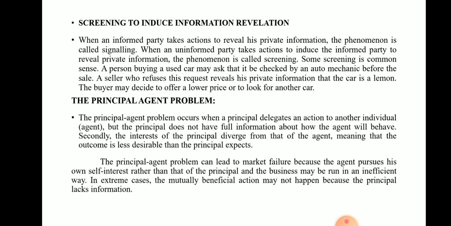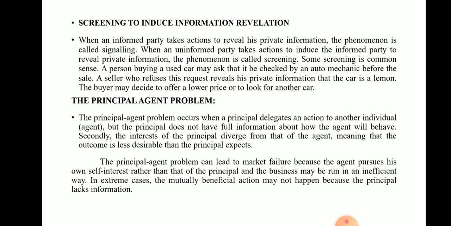Secondly, the interest of the principal diverges from that of the agent, meaning that the outcome is less desirable than the principal expects. The principal agent problem can lead to market failure because the agent pursues his own self interest rather than that of the principal, and the business may be run in an inefficient way.